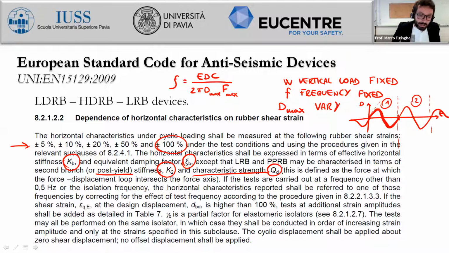And actually, this was the final scope of my research article.